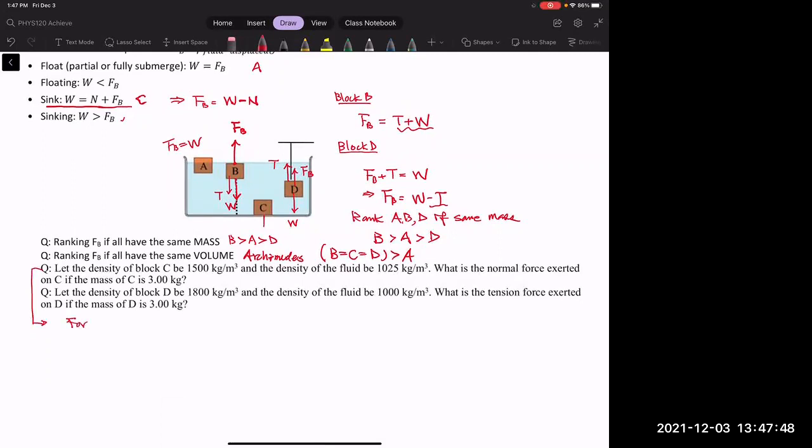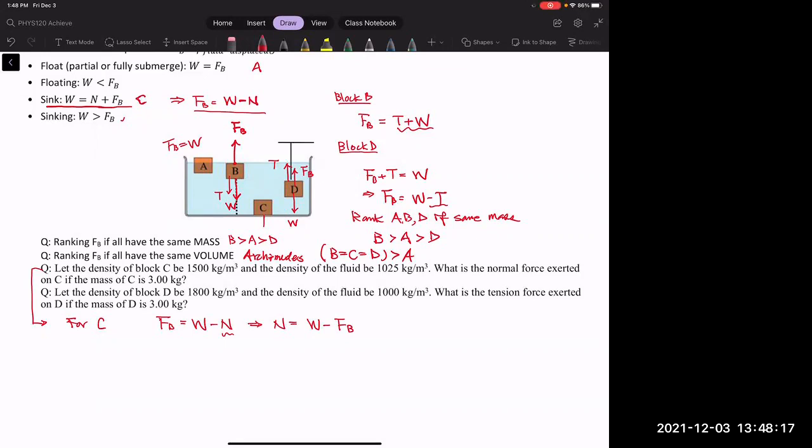For C, we have this relationship: F_B equal to W minus the normal force. What we try to find is this one here, so the normal force is equal to the weight minus F_B.